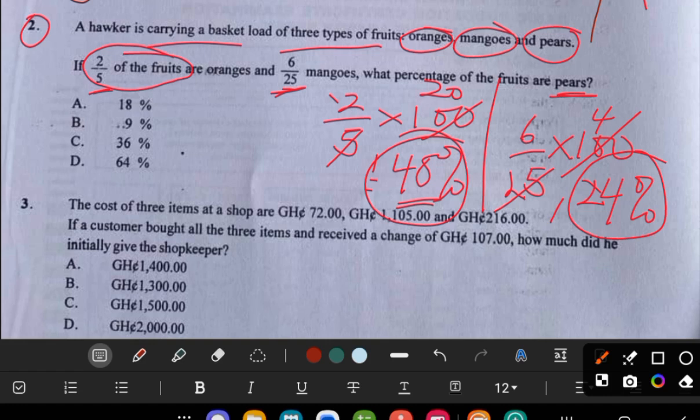The remaining percentage is pears. Now we know that total percentage is 100. So we are going to add these two percentages and then subtract from 100. So 40 plus 24, we are going to end up with 64. So 100 minus 64 is 36. So the answer to question 2 is C, 36%.